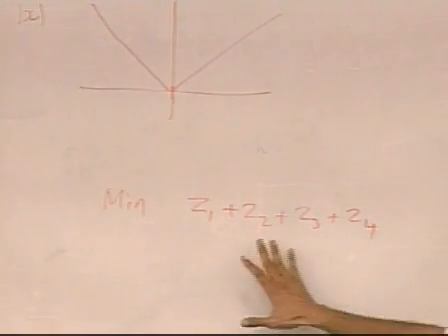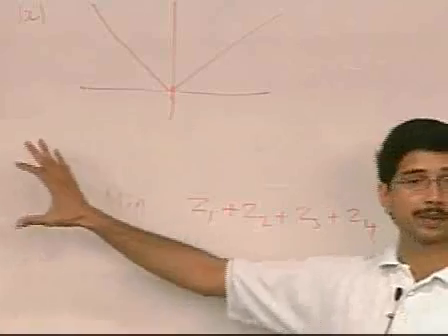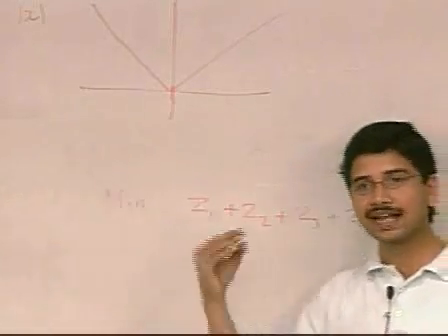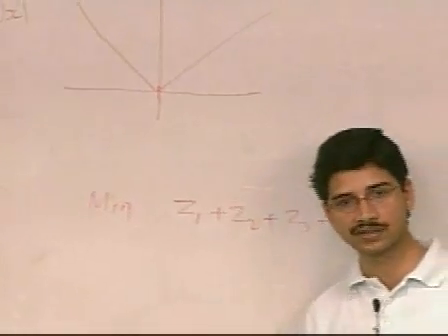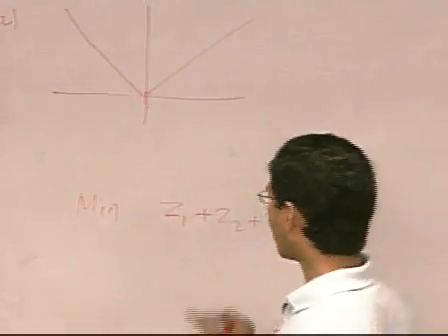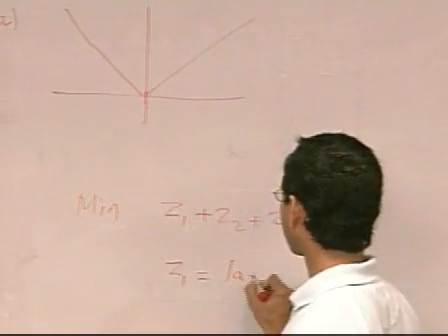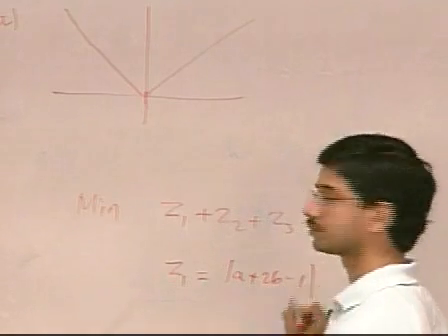Of course, for this to be in any meaningful way related to the problem that you started with, there has to be something involving the Z's and A and B. So specifically, I have to say that Z1 equals A plus 2B minus 1. Okay?